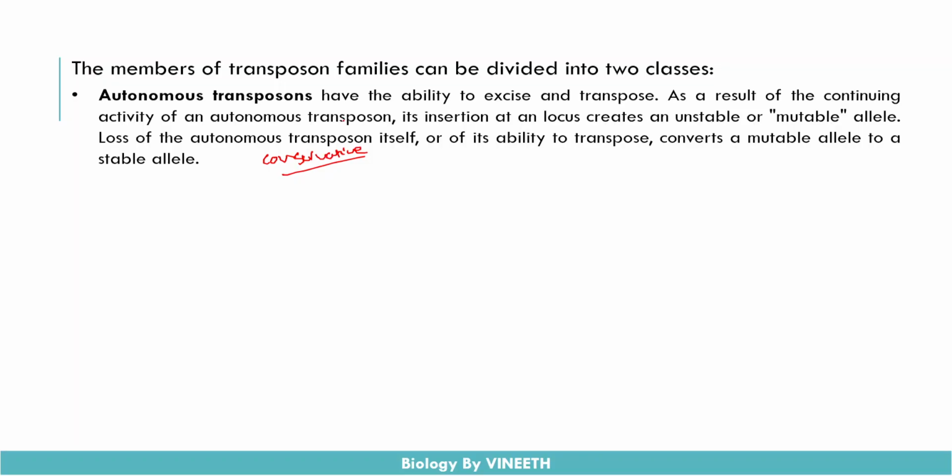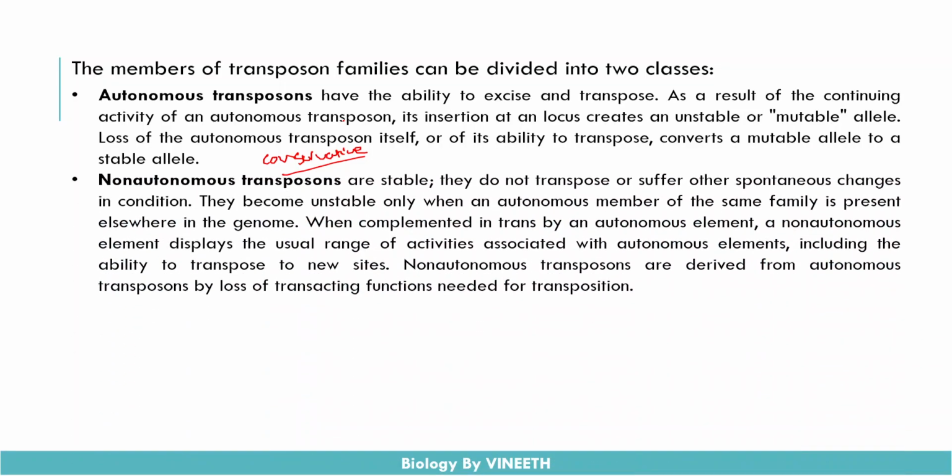The second category is the non-autonomous transposons. These move into different locations by utilizing enzymes, and they are dependent on different types of intervening sequences. That means they require an autonomous transposon for their activity.